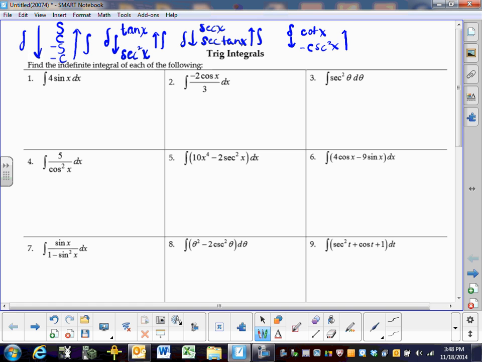So the integral would go in the backwards direction. And lastly, if we want to take a derivative of cosecant, we get negative cosecant cotangent, so integrating goes backwards.